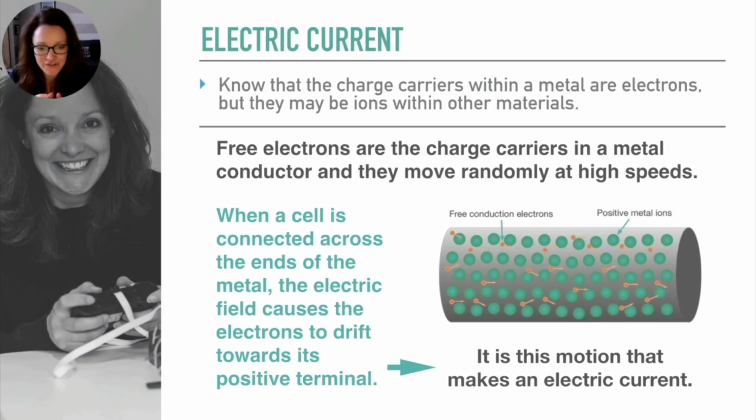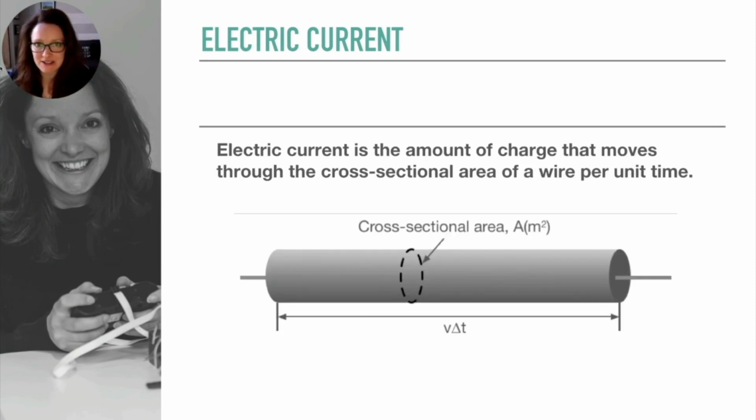But that drift, because they're all negative and they drift towards the positive terminal, is very, very slow. Meanwhile, inside there, they're all darting about at very high speeds, and the whole body is drifting along at a slow speed. You'd be surprised how slow that speed is. I'll reveal it in a moment.